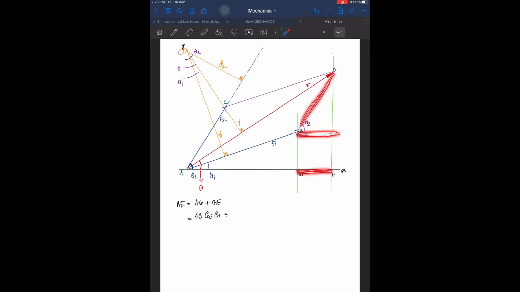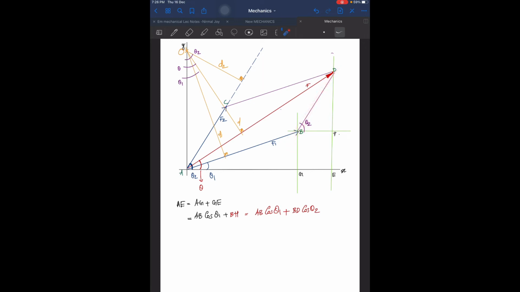BH is nothing but the cosine projection of BD. So GE is nothing but BH, which is in fact equal to AB cos theta 1 plus BD cos theta 2. Why? BH is nothing but BD cos theta 2, the cosine component of BD.